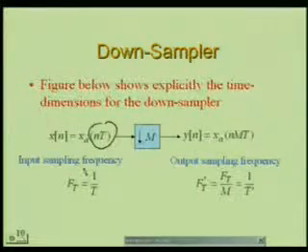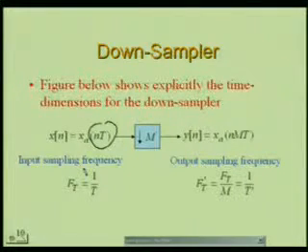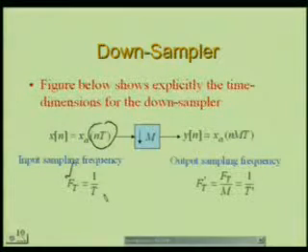Let x n be the input to the downsampler, then the output is y n, which is again a discrete sequence and can be written like this: x a n M T. The input sampling frequency is represented by f T here.